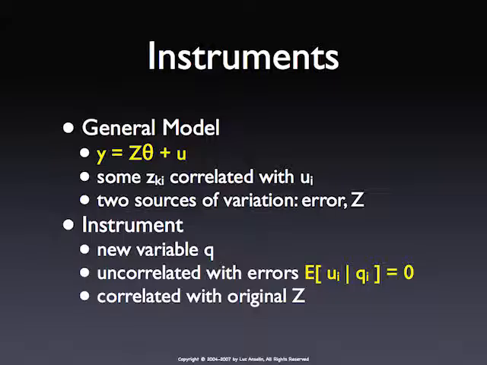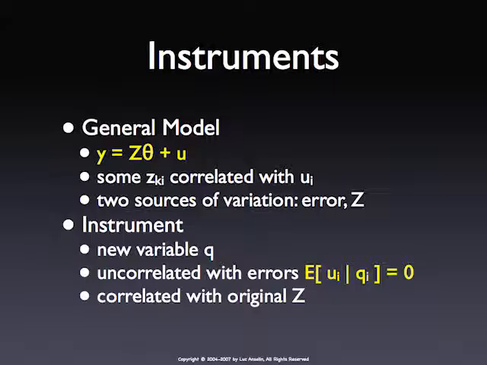So this is something that comes out of nowhere and has the proper lack of correlation with the error term. And in order to be useful, it also needs to have some correlation with the original variable Z.